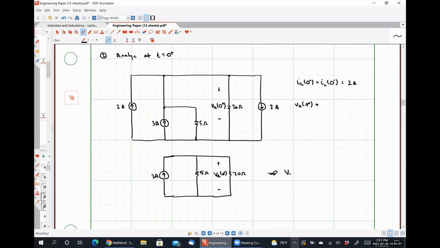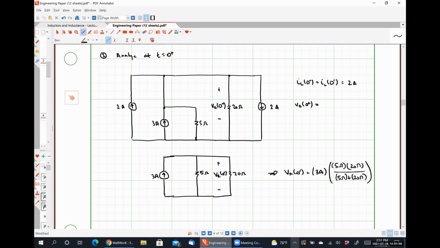So I argue that VR at 0 plus is 3 amps times 5 ohms times 20 ohms over 5 ohms plus 20 ohms.